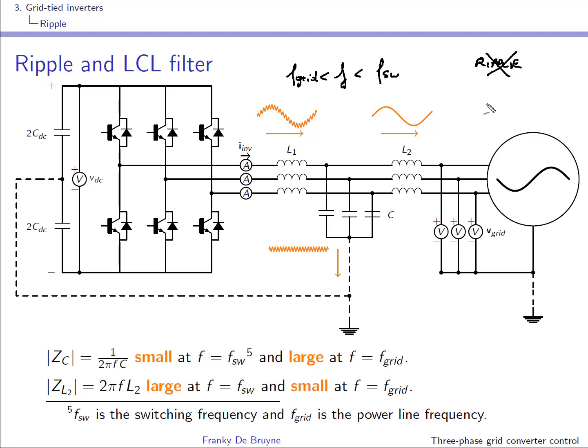We will work with this average voltage at the output of our inverter, and this is of course influenced by our duty cycle D, and in the same way we will work with the inverter currents, at least their average values over a switching period, so that we don't consider again this ripple.